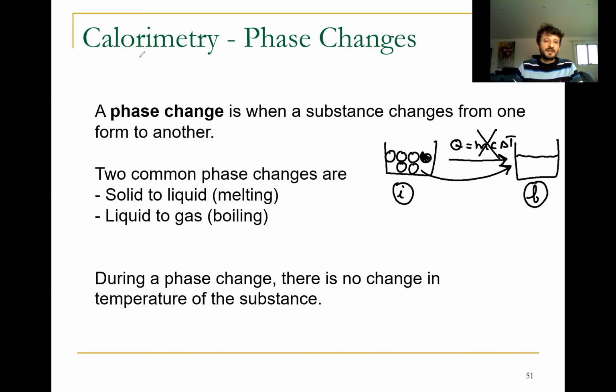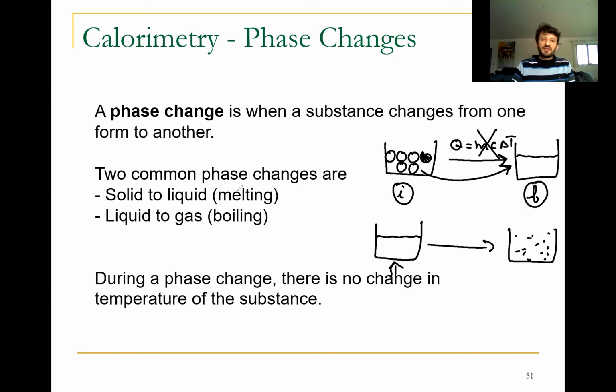Or we can take some quantity of liquid, give a quantity of heat to the system, and finally we get a gas. Here also we have a change of phase. So we are talking about melting from solid to liquid, or boiling from liquid to gas.